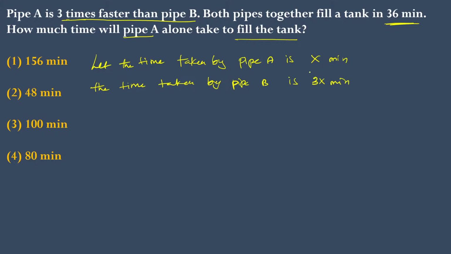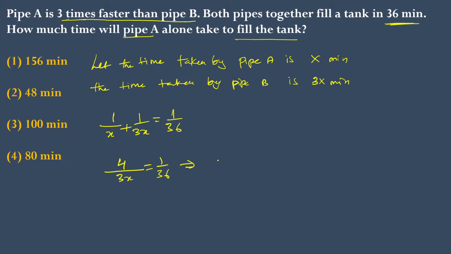Why? Because A is 3 times faster than B. If they work together, 1/x plus 1/3x equals 1/36. Taking the LCM as 3x, we get (3 plus 1)/3x, which is 4/3x, equal to 1/36. By simplification, we get 4 ones.